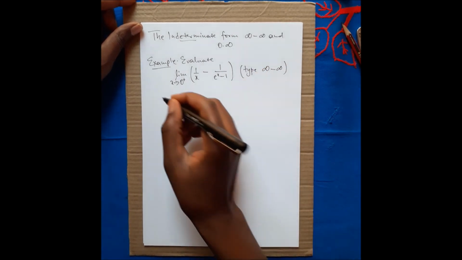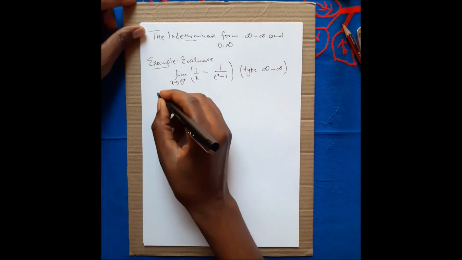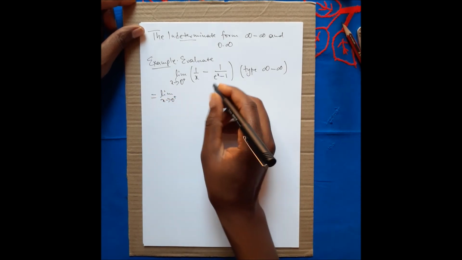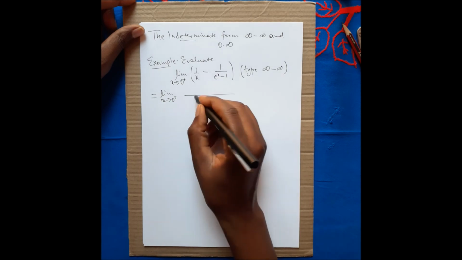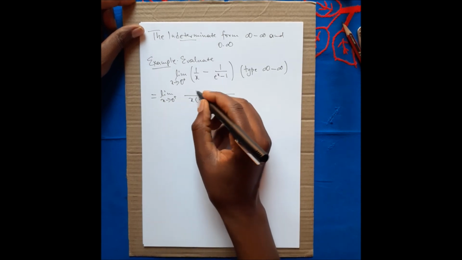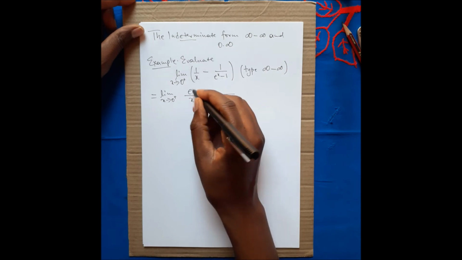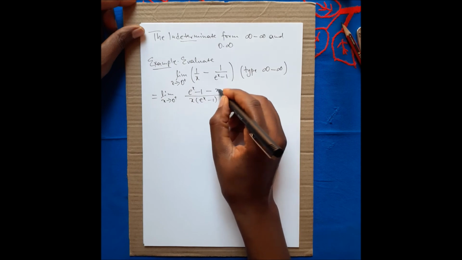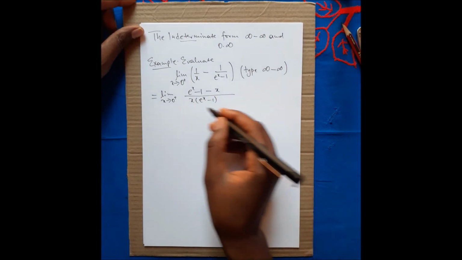Okay, so we simplify. This will be equal to the limit, x approaching 0 from the right, of e to the power of x minus 1 minus x over x times e to the power of x minus 1.